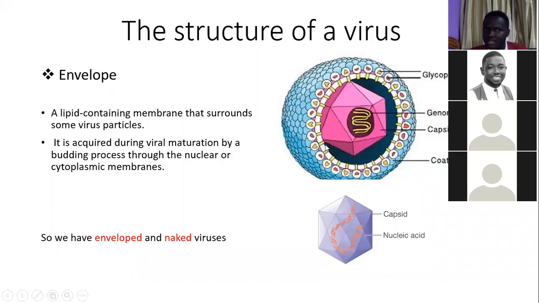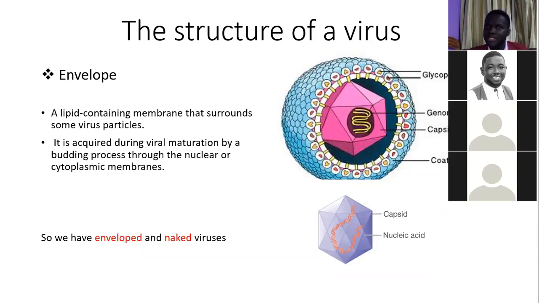I'm using human cells as an example because we are humans. When a virus infects a human cell, it enters into the cytoplasm. It means that it will have to cross the cell membrane into the cytoplasm. Some viruses even have to cross the nuclear membrane and get into the nucleus.